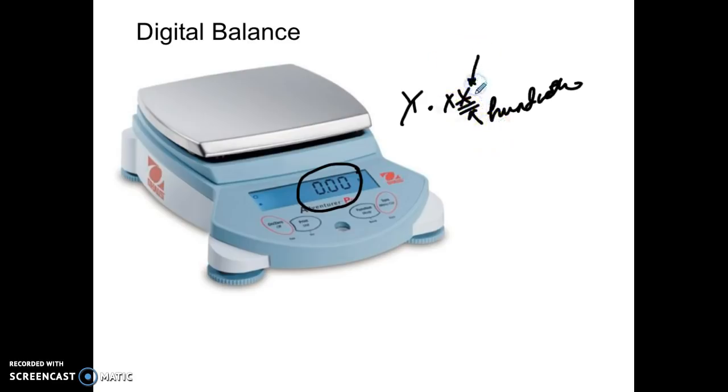So digital balances will be really easy for us. One thing you should know about our digital balance: there's usually a range button. If the balance is only showing to the tenths place, you're going to want to hit the range button in order to see to the hundredths place.